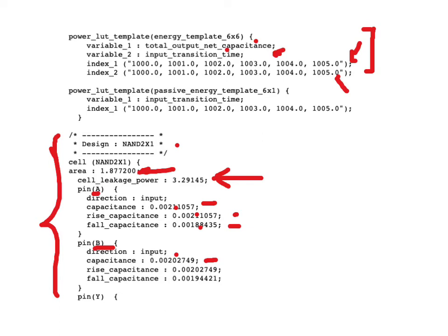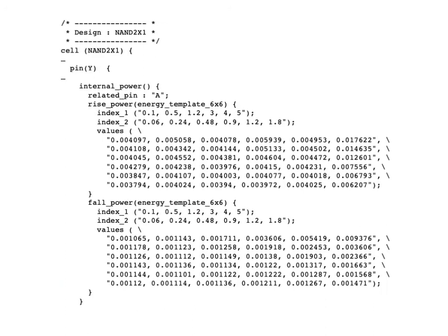The specific values of these will be specified in the index. So let's look at an example of how this is specified. Here is the second part of the NAND 2 by 1 gate that we have been studying.